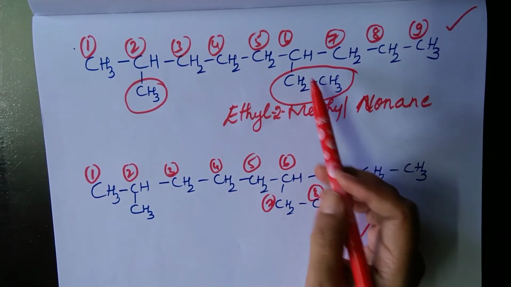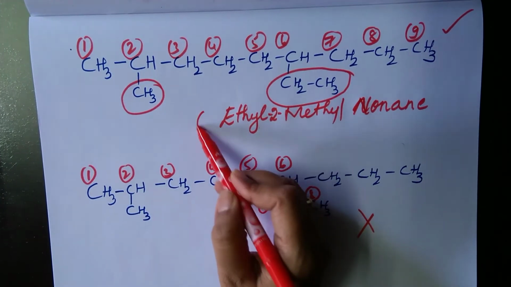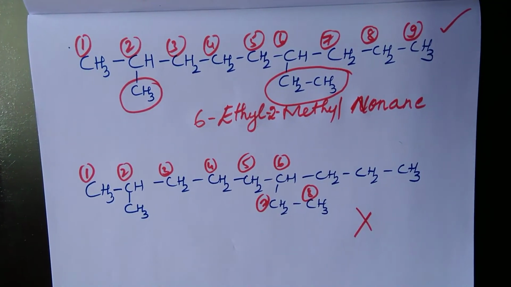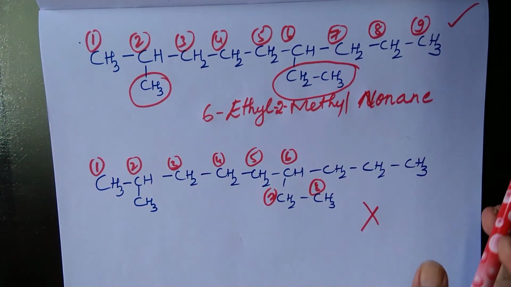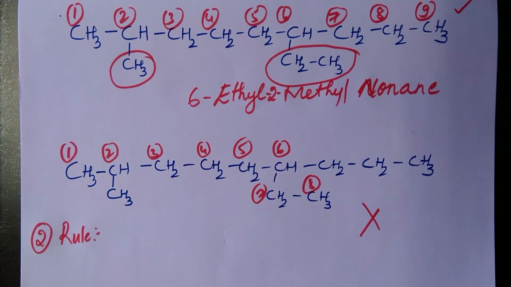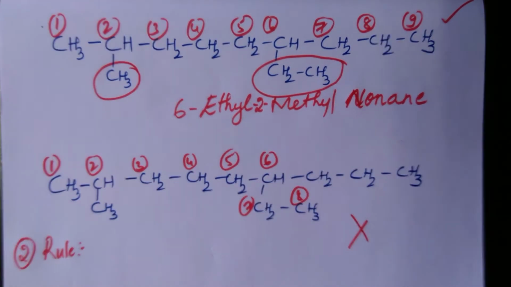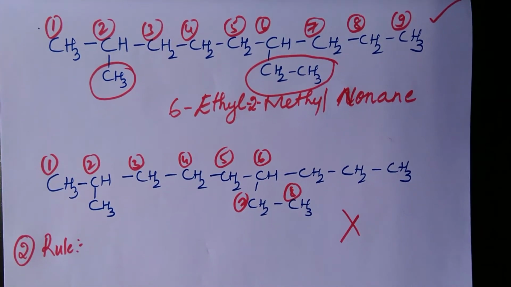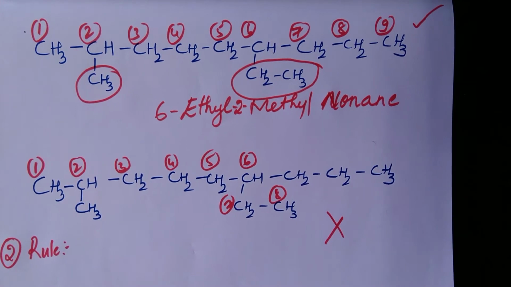And where is your ethyl group situated? On carbon number 6. So name of the molecule will be 6-ethyl-2-methylnonane. Now we will decide what is rule number 2. Rule number 2 is, if you have any substituents which act as prefixes, you have to arrange them in alphabetical order.